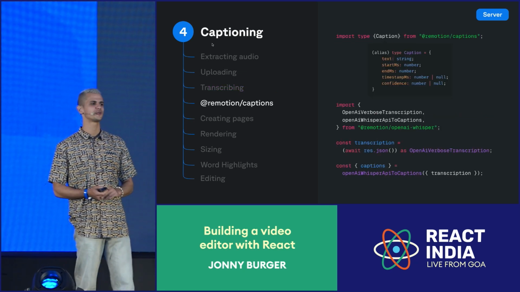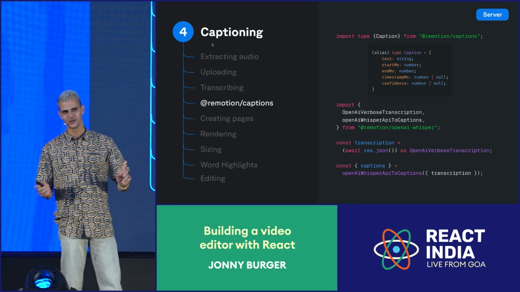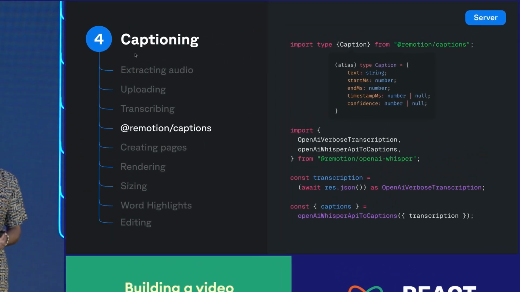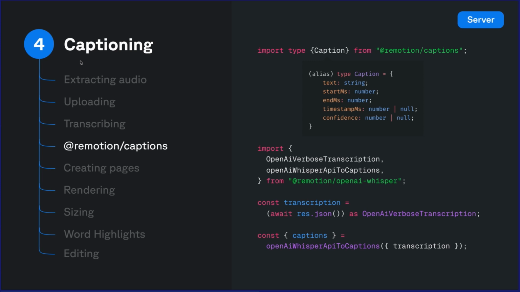And we are doing some post-processing with the brand new Remotion captions package. The captions package essentially just exports a TypeScript type, which looks like this. And the idea behind it is that if all of our captions are structured with this type, assume this TypeScript shape, then we can write a set of helper functions that deal with captions.